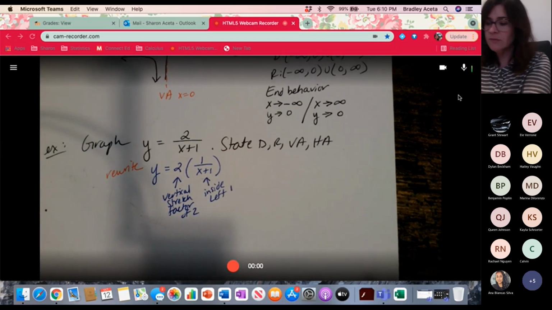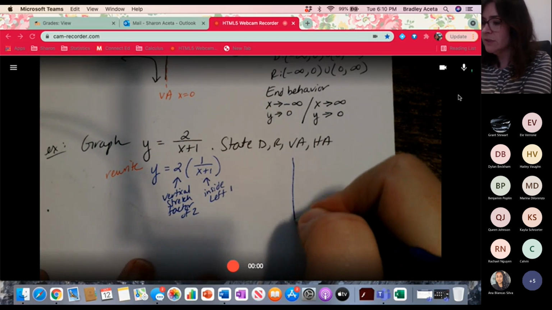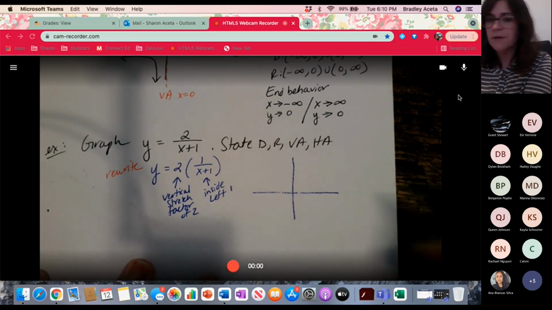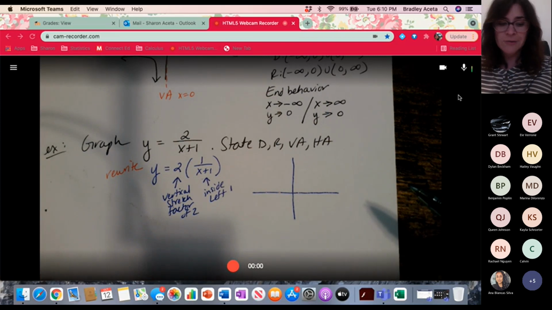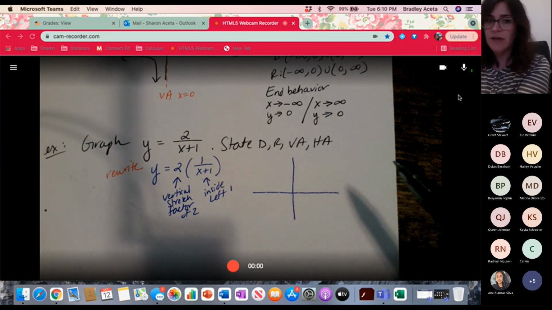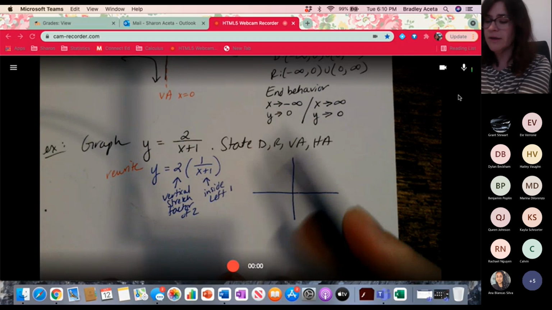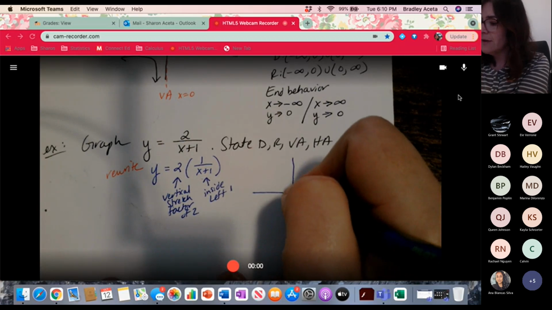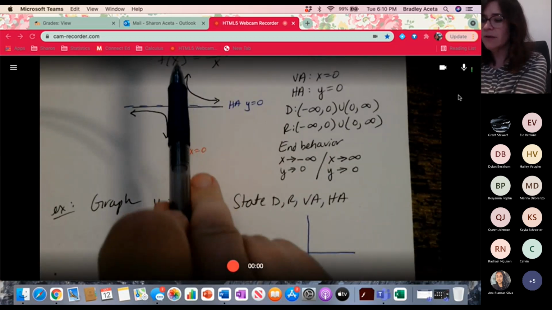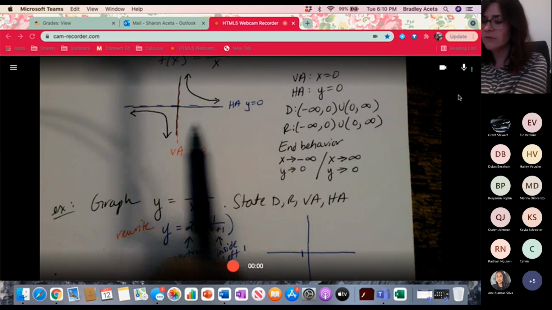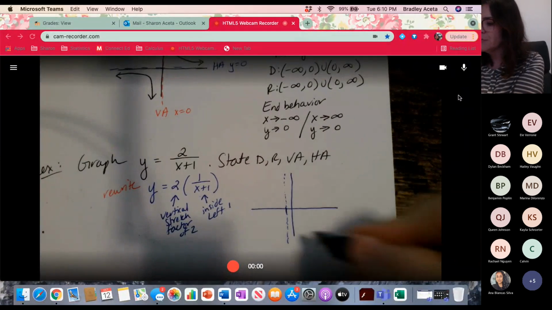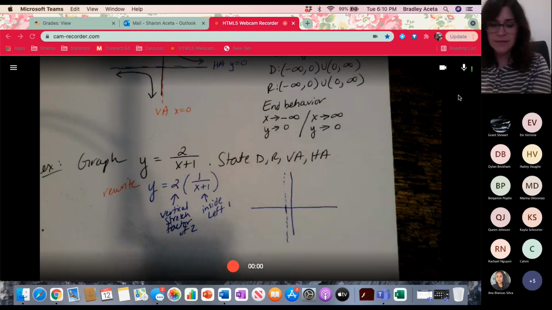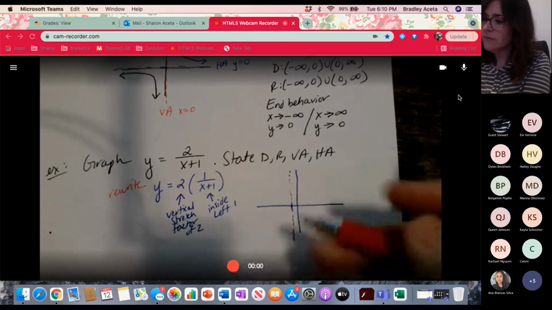Okay, so now let's give ourselves a little picture here. Here's my original x-axis. I now know that I'm going to shift everything left 1. So whereas in the parent, this was my vertical asymptote, now this is x equals -1.